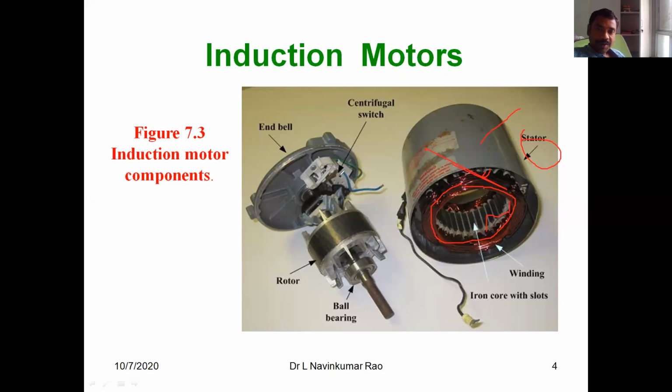Now look at the rotor. This is the rotating part of the machine. Here you have the rotor bars inside it. Then we have discussed end bells. A centrifugal switch is there, which can turn on. This is the rotor, the main part of the machine.